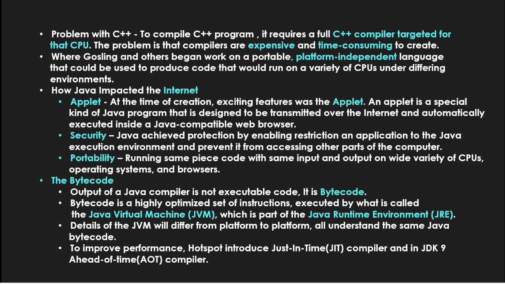So those are the problems. Gosling and others began work on a portable, platform-independent language that could be used to produce code that would run on a variety of CPUs under different environments. The main purpose was to have a language that runs on any platform, independent of the platform.